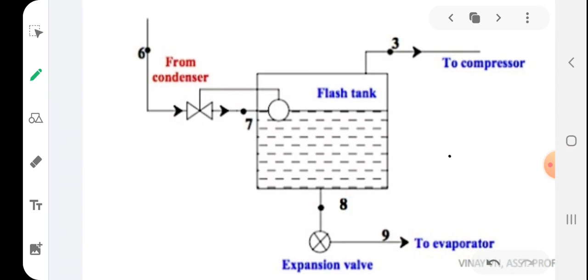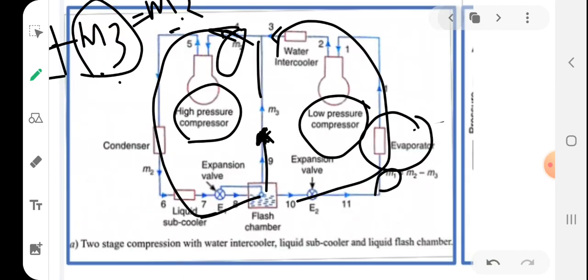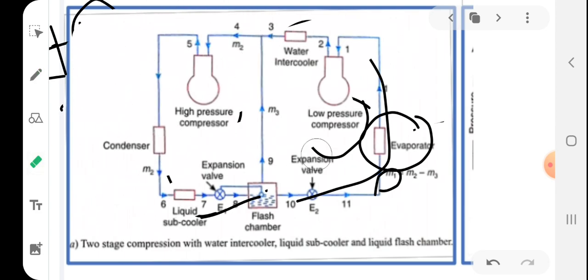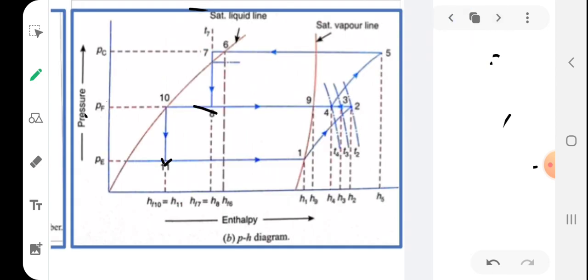So I'm concentrating mainly on that flash chamber. What is coming to the flash chamber? The mass M2 is coming with an enthalpy of H8, right?